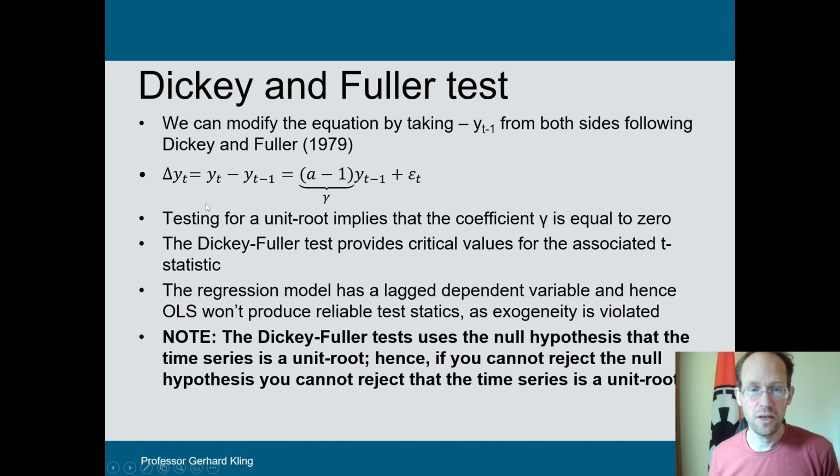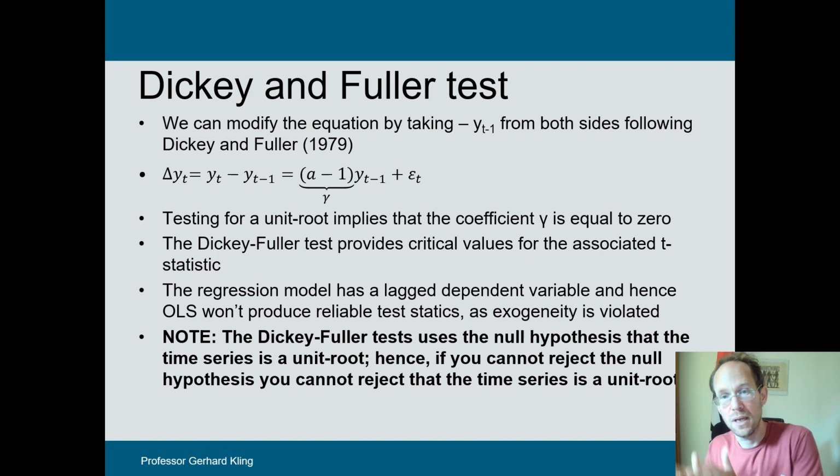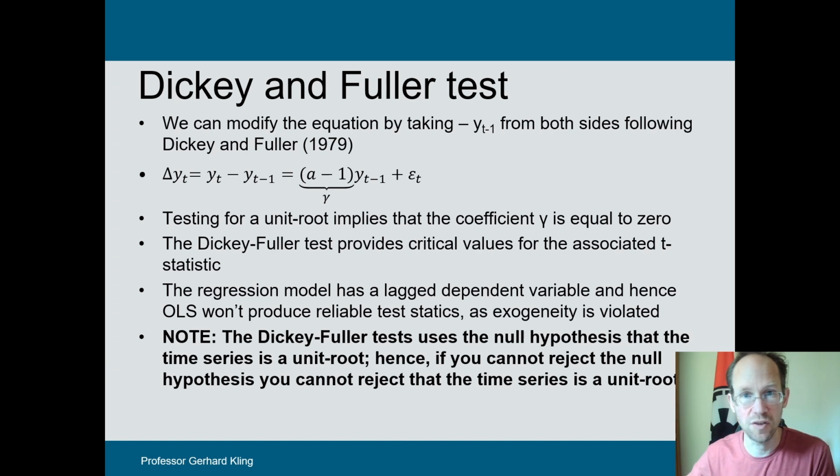Now this equation is the cornerstone of the Dickey-Fuller test. We now look for this coefficient denoted gamma, and we test whether gamma is equal to 0, which implies that A is equal to 1, which in turn implies that the time series is a random walk, which means it has a unit root, which then means it is non-stationary.